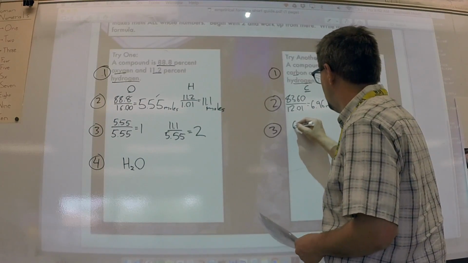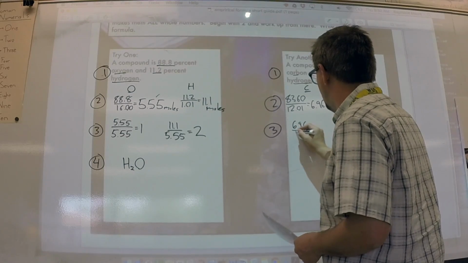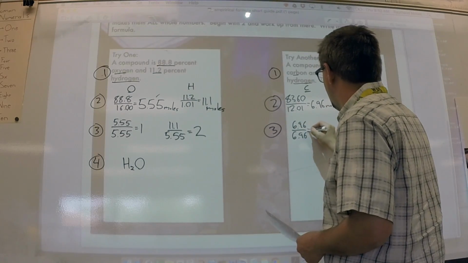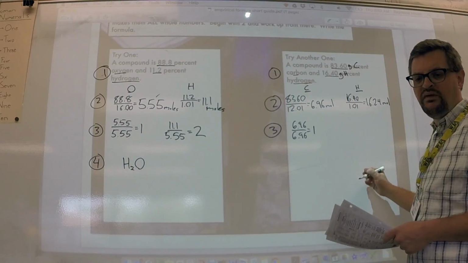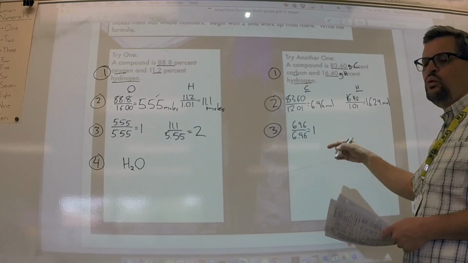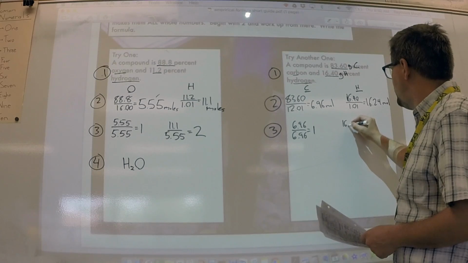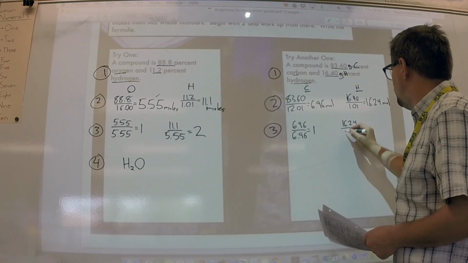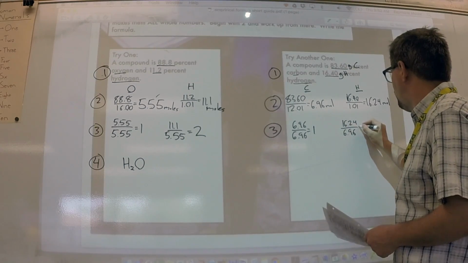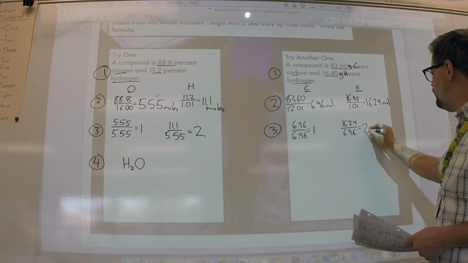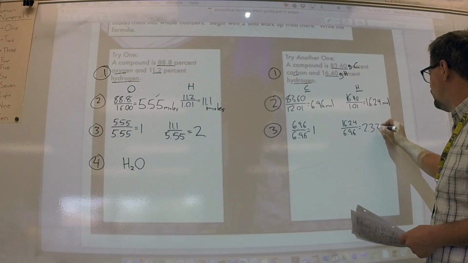So for carbon, 6.96 divided by 6.96 gives us 1. So initially our subscript will be 1 for carbon. For the hydrogen then, 16.24 divided by 6.96 gives you 2.33.